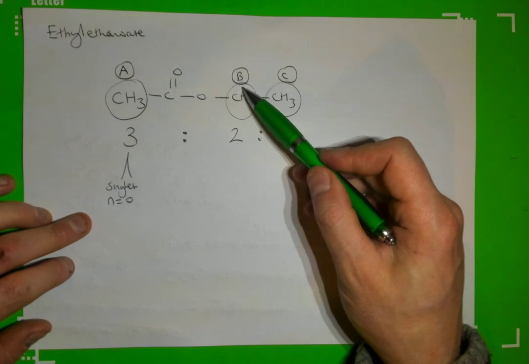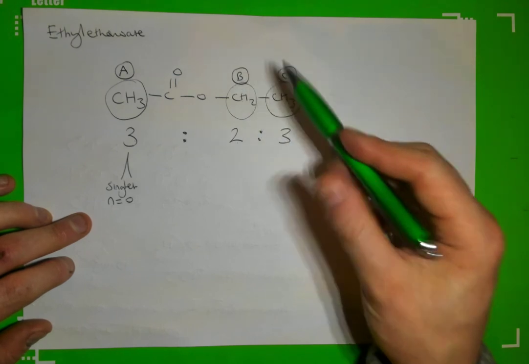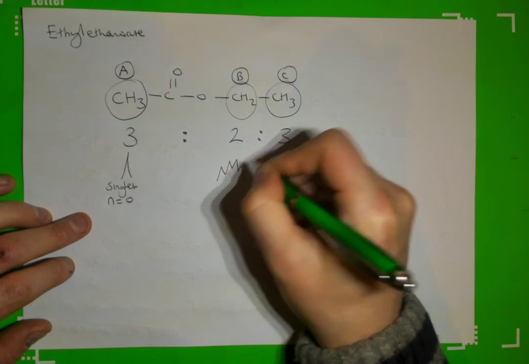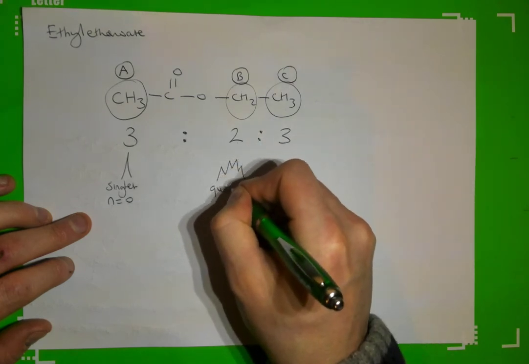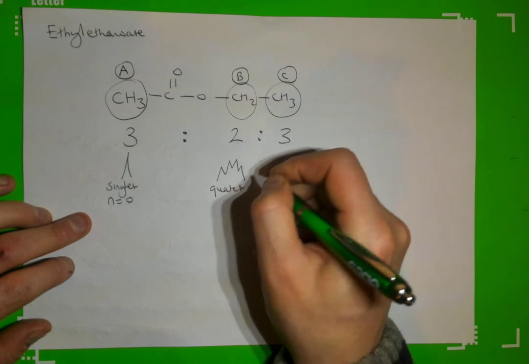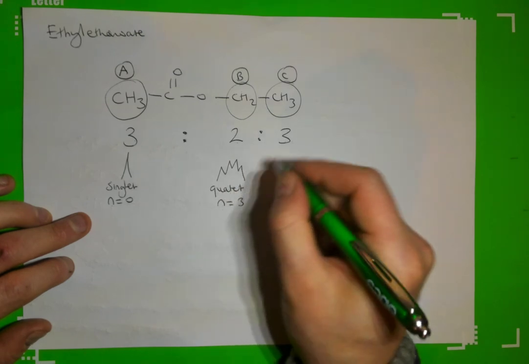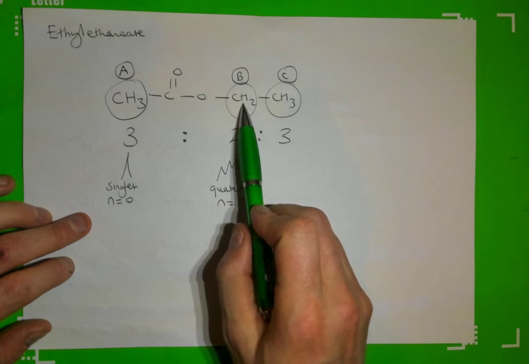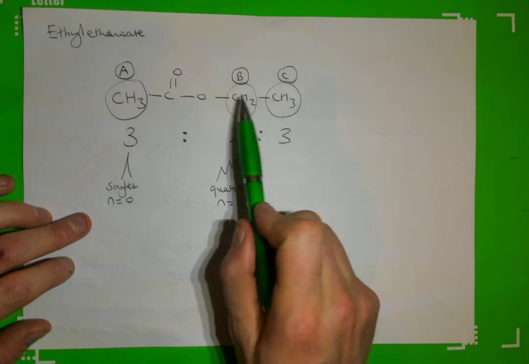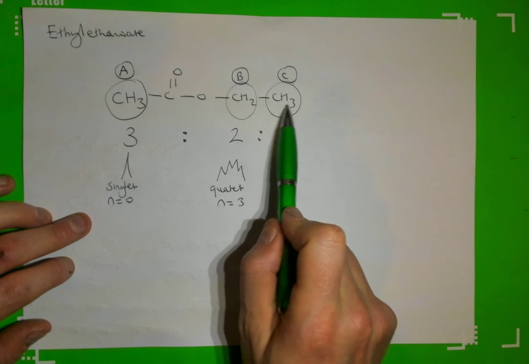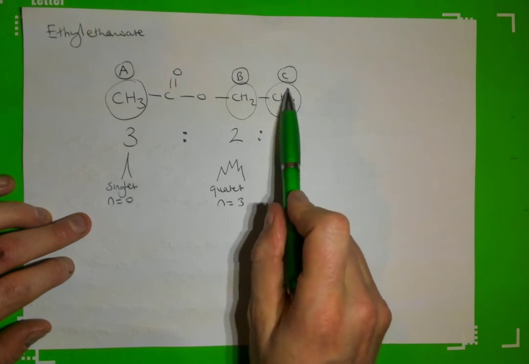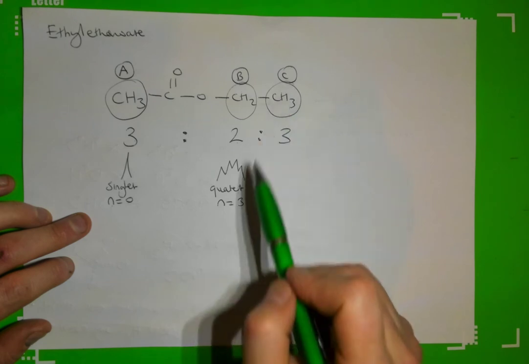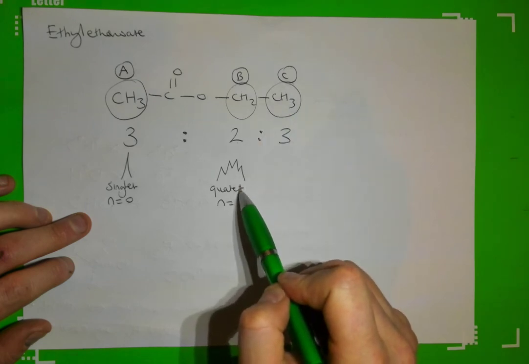B. Peak B would be a quartet. And here N is equal to 3. So peak B would be a quartet because N is 3, because the adjacent carbon has 3 hydrogens attached to it. So N plus 1 is 4, that makes it a quartet.